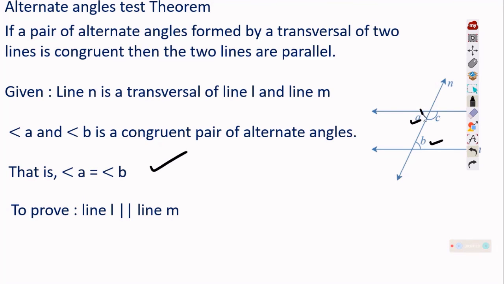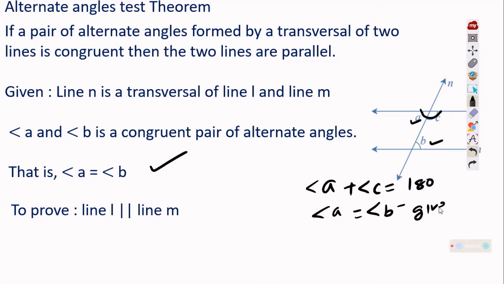And this angle is a linear pair. That means angle A plus angle C is equal to 180. Angle A is equal to angle B is given.